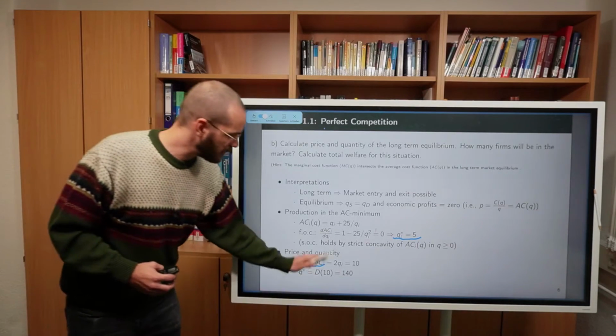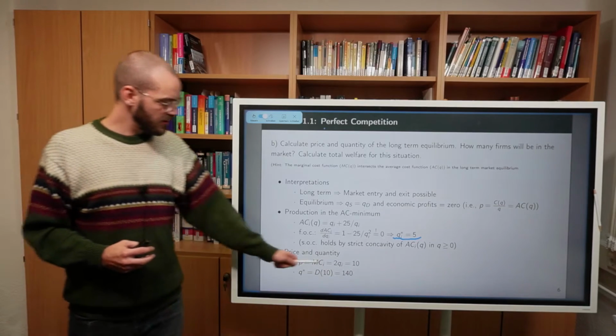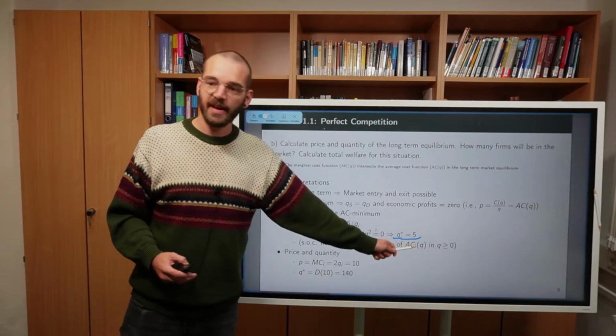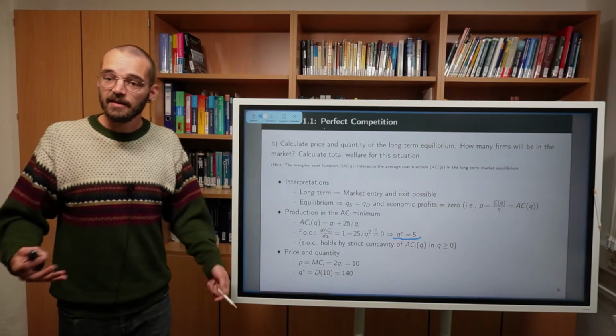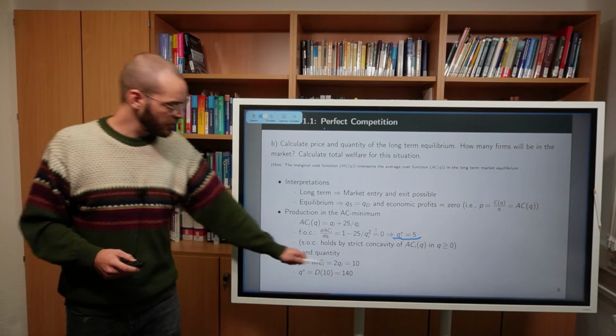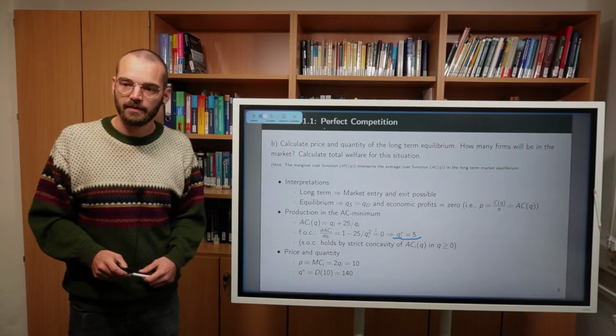The marginal cost, of course, we already calculated, is 2 times Qi. If Qi equals 5, which we just identified, then the price must equal 2 times 5, so 10.